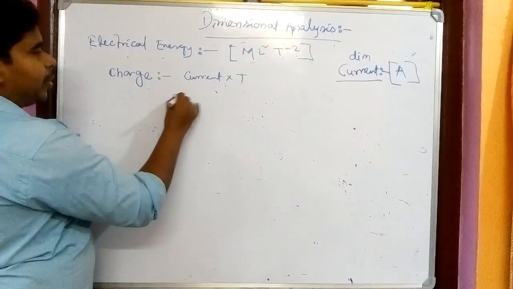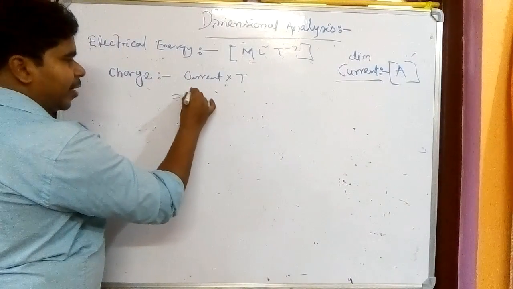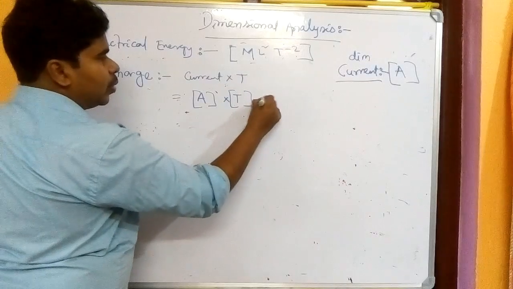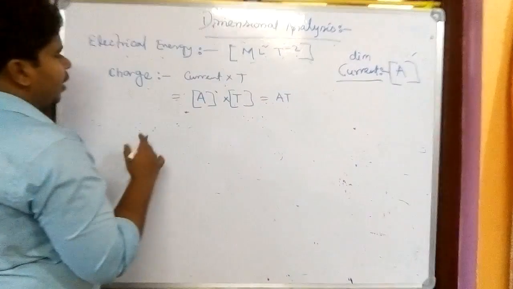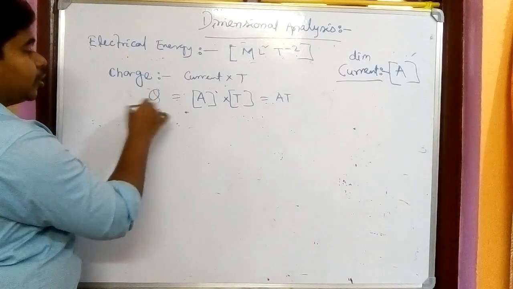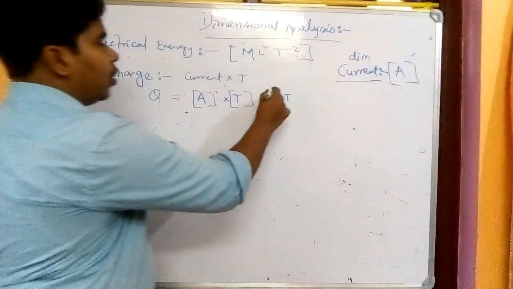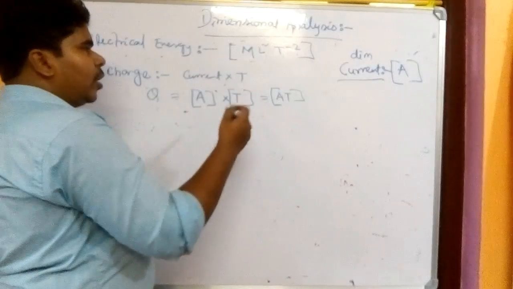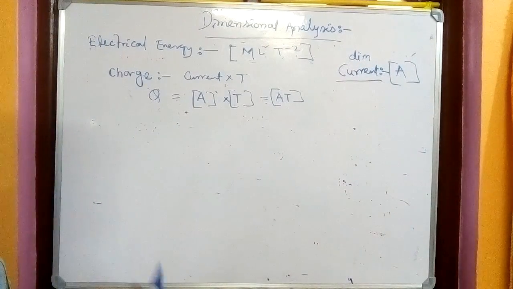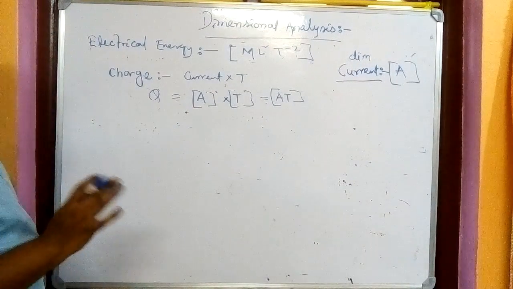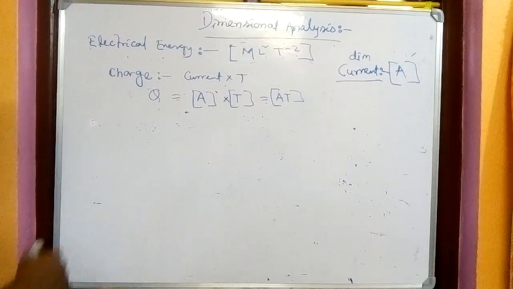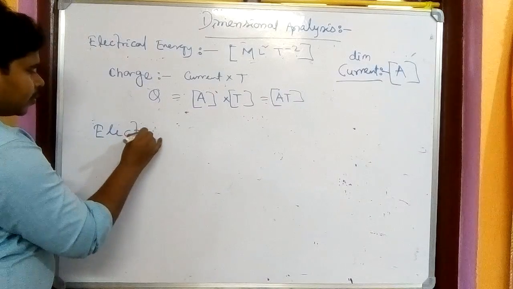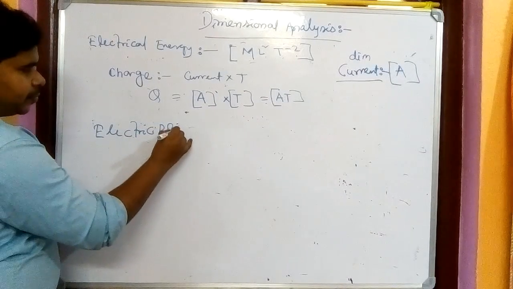So the dimension should be, if I am talking about current, it is A, time is T. So A into T, that is the dimension of charge, Q. Dimension of charge. We can mention here M to the power 0, L to the power 0. Okay. But if you have not mentioned it also, it doesn't make any problem. Okay. If I am talking about potential, electric potential.